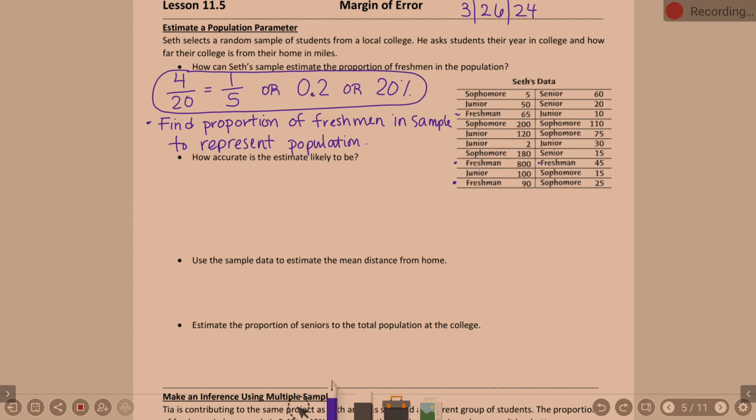But those are the two key points that I would think about: the larger the sample, the more accurate the estimate will be, and the more random the sample, the more accurate it will be. Okay? So those were the two pieces of information I was going to write down.